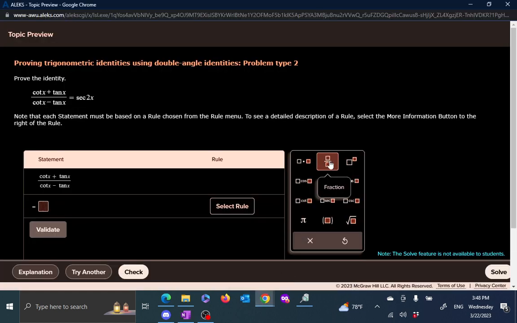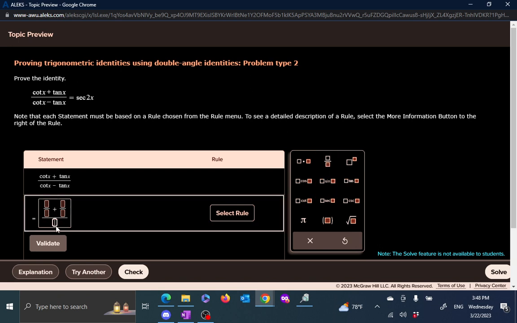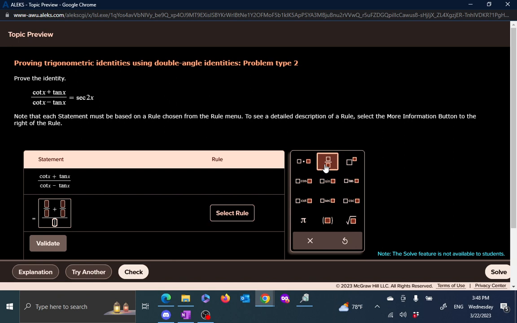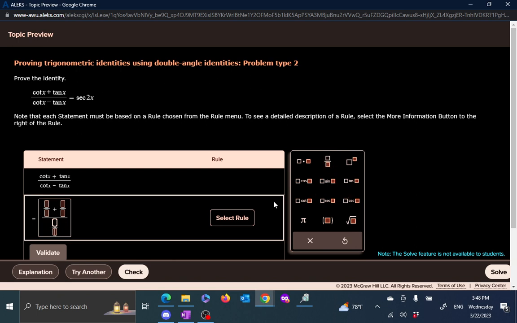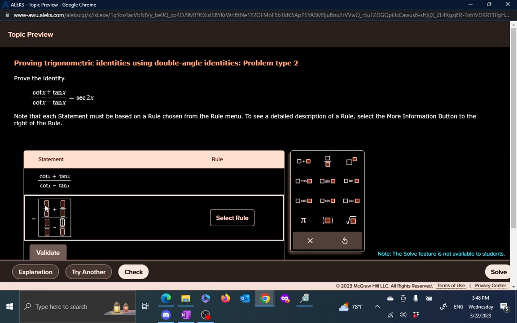I need a fraction. In that I need a fraction. Next to it I need another fraction. In the denominator I need a fraction, and next to it another fraction. Now I go fill this up.